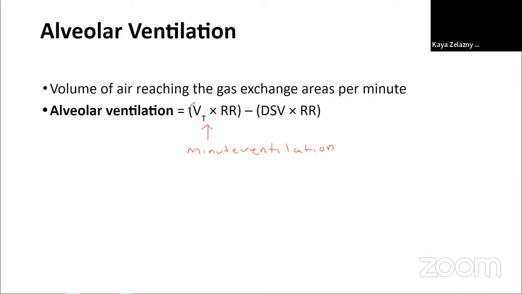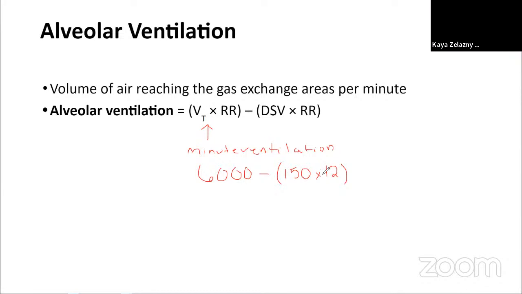So our tidal volume 500 times our respiration rate of 12, we had our 6,000. And then we're going to subtract out our dead space volume, which is 150, times our respiration rate again, because basically we forced that dead air 12 times into the lungs, right? Because it was there in the conducting zone.